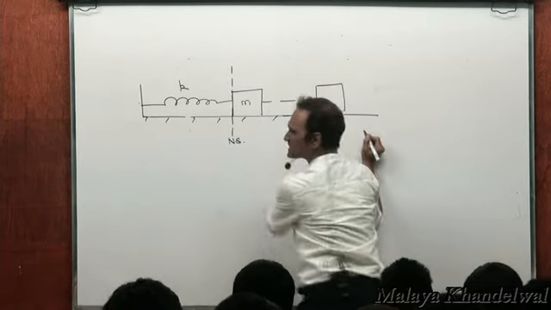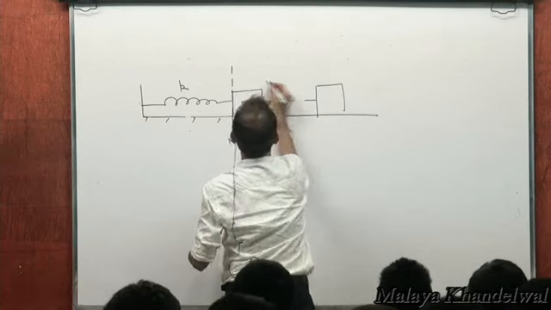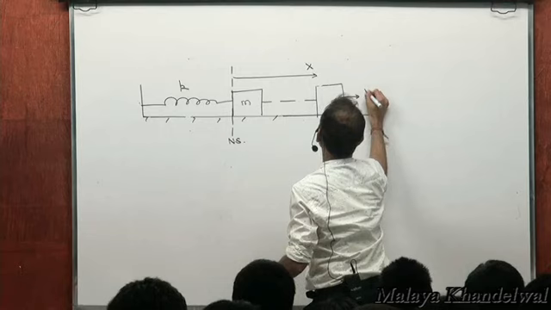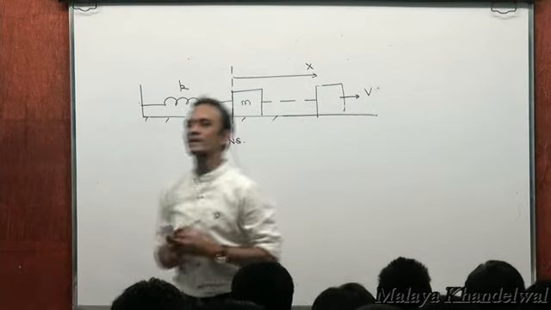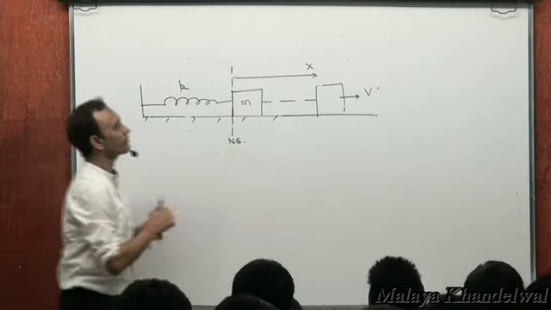At a certain instant, the mass was displaced by an amount x and had a velocity v. The mass was displaced by an amount x and had a velocity v, right?